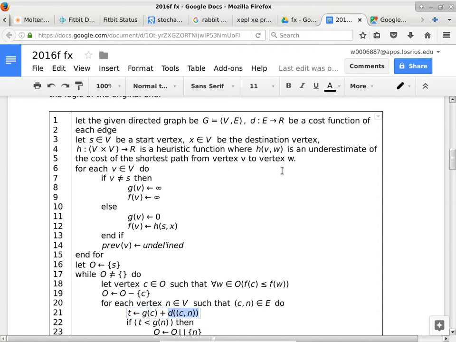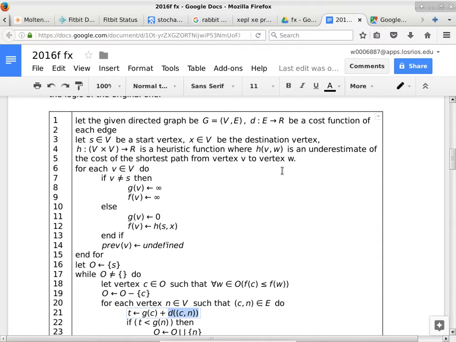Let's say we choose this one to be C, and then it connects to a few vertices. Let's call these N1, N2, and N3 for neighbors.